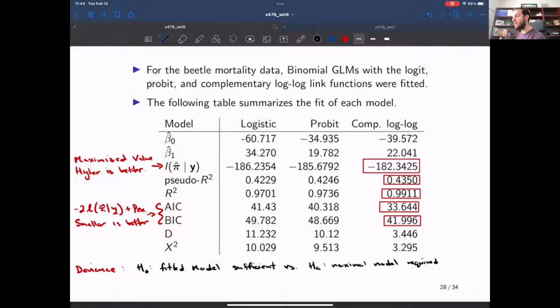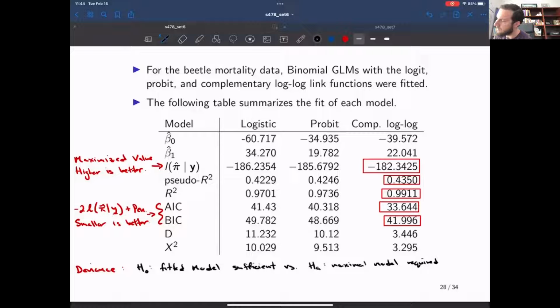And the larger the p-value, the less evidence there is to suggest the alternative, essentially is what I'm trying to say.